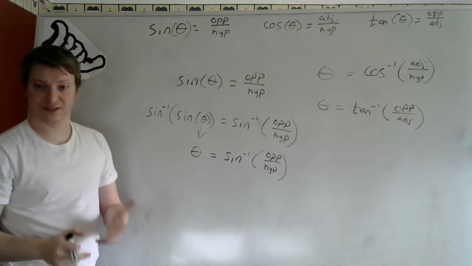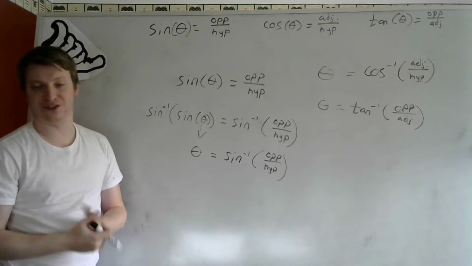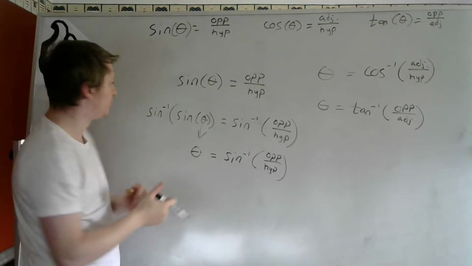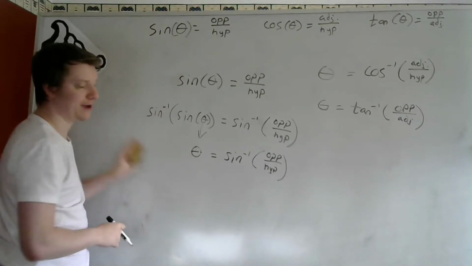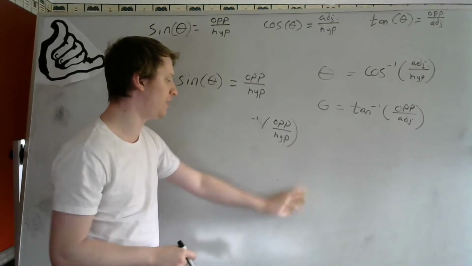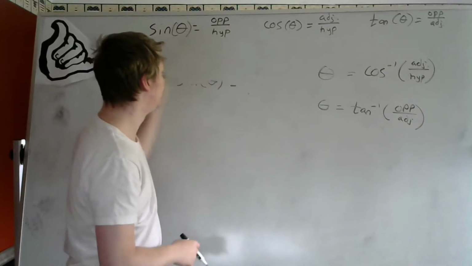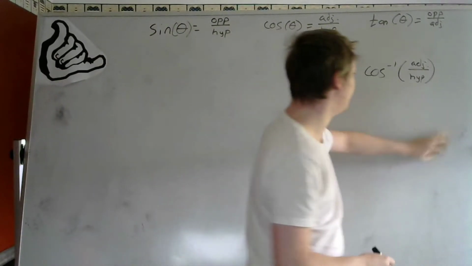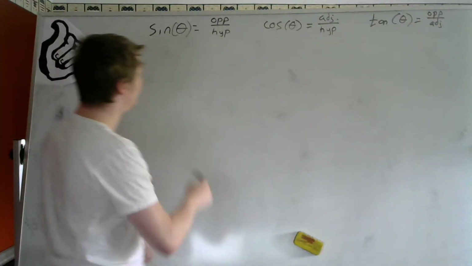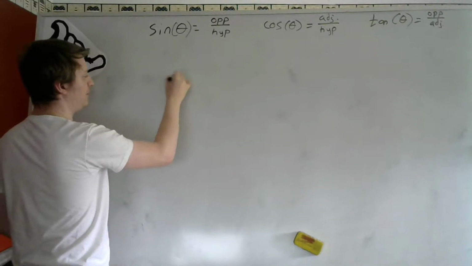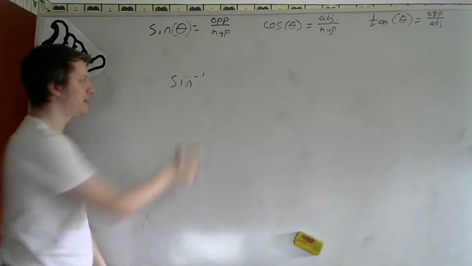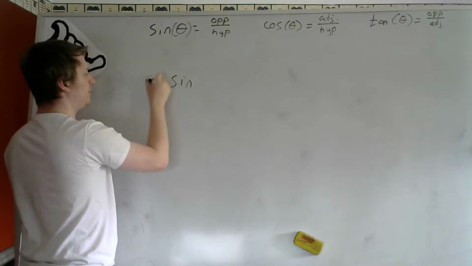So let's take this and apply it to some examples that you're going to see. We're still going to be working with a right triangle for now. You'll see eventually here we'll start working with a not right triangle, and these things will still come up every once in a while. Oh, and by the way, some calculators, instead of having the sine to the -1 or cosine to the -1 like that, they might have arc in front.